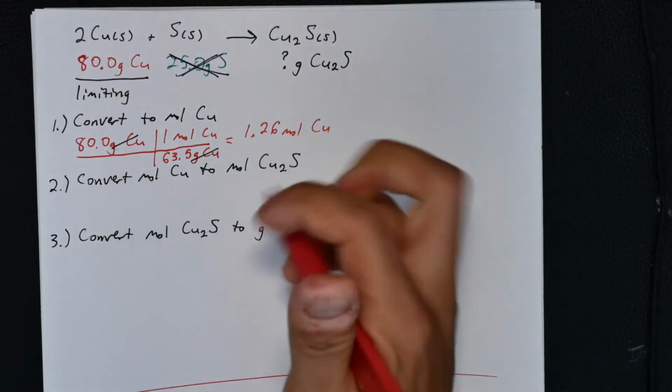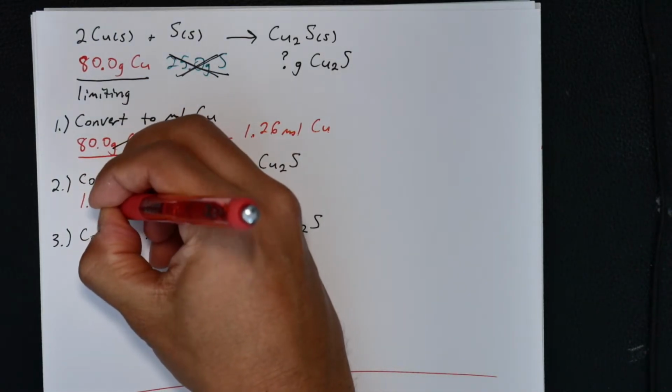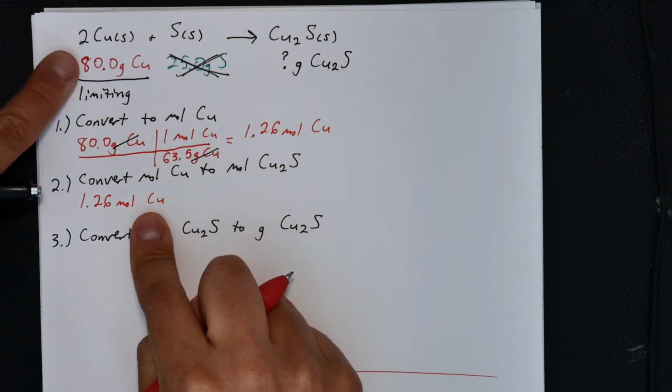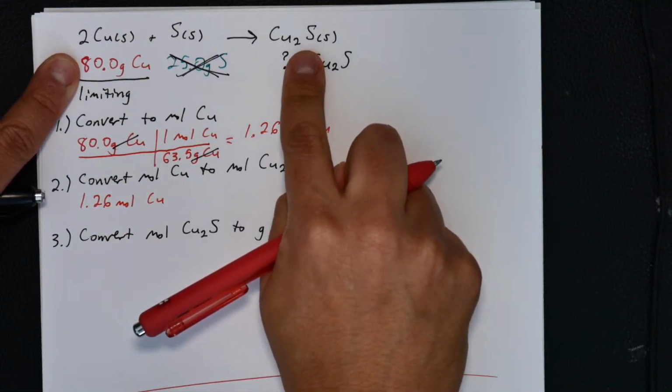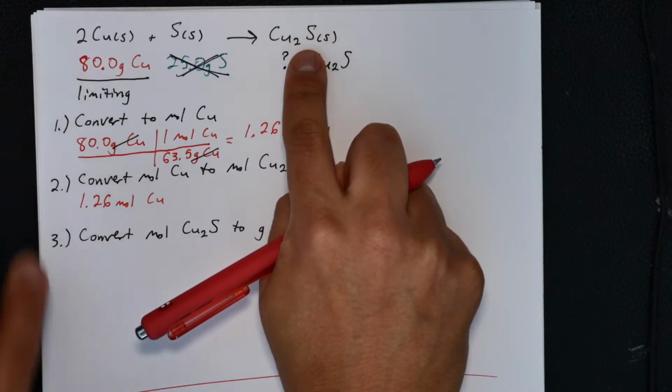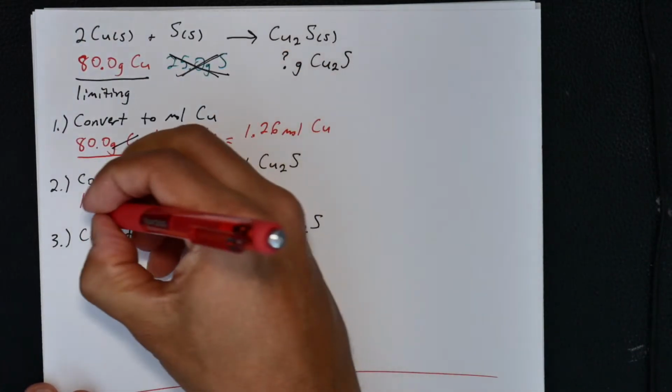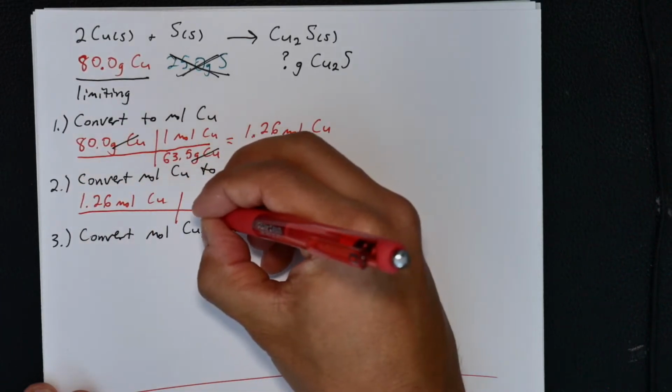Okay, so now from here, we're going to convert moles of copper to moles of copper 1 sulfide. That's the product we're trying to get. And this is a 2-to-1 ratio, so we can set up our fraction.